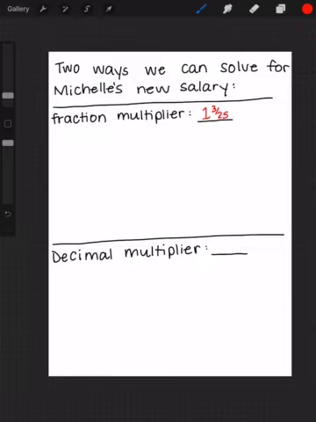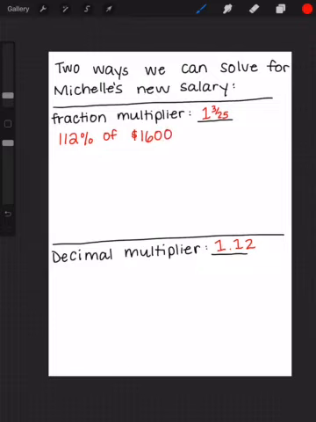Our decimal multiplier would be 1.12. Okay? So we are trying to find 112% of $1,600. We are making it bigger.